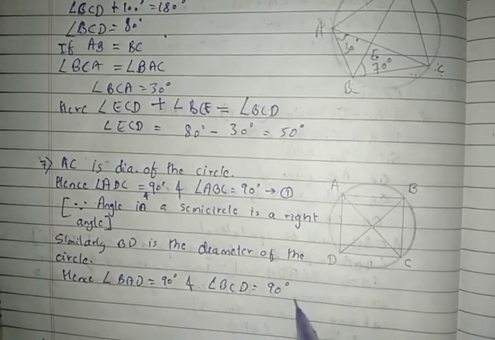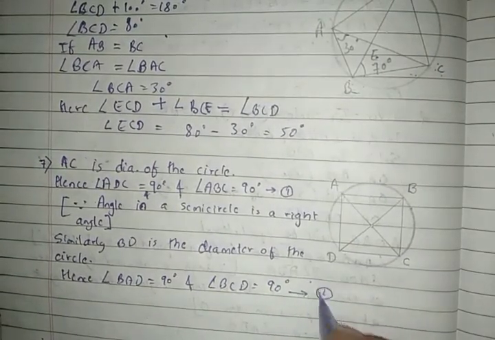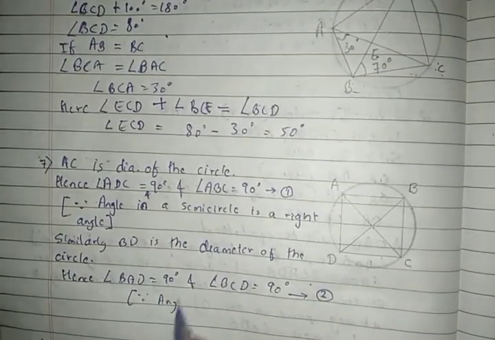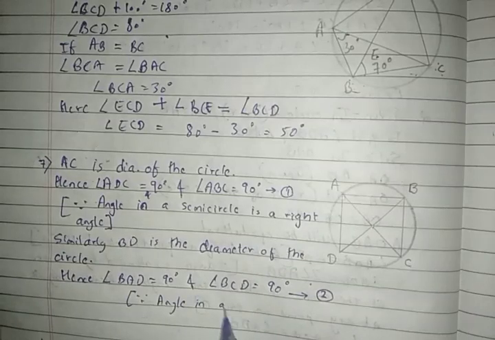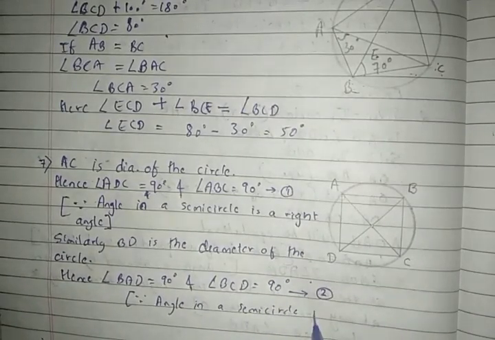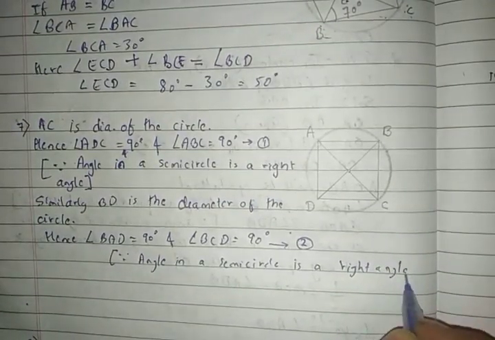Same reason. We'll name this equation 2 and we'll write the reason, that is the same: angle in a semicircle is a right angle.